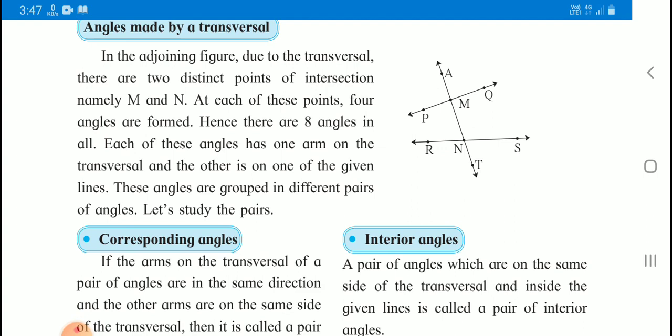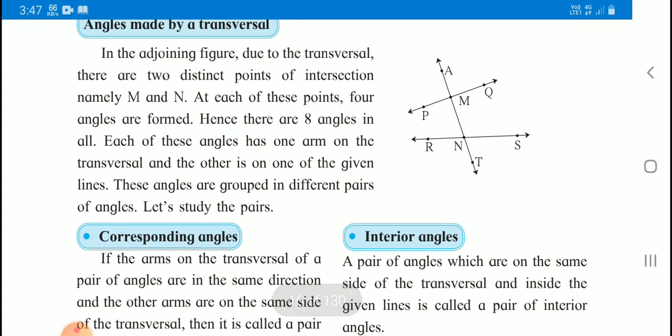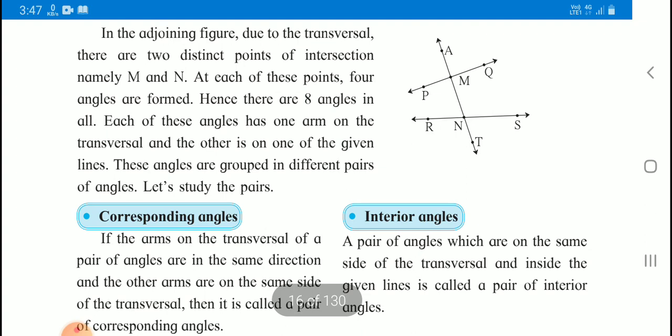Means near point M you will get four angles, as well as near point N you will again get four angles. So 4 plus 4, by this one transversal and two lines you will get 8 angles. Hence there are 8 angles in all. Each of these angles has one arm on the transversal and the other on one of the given lines.